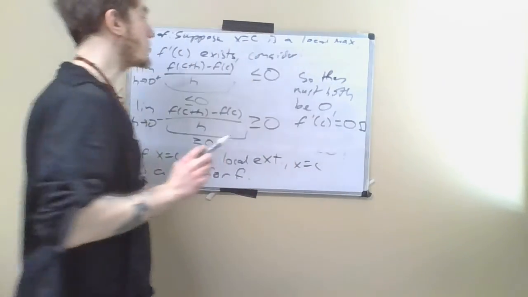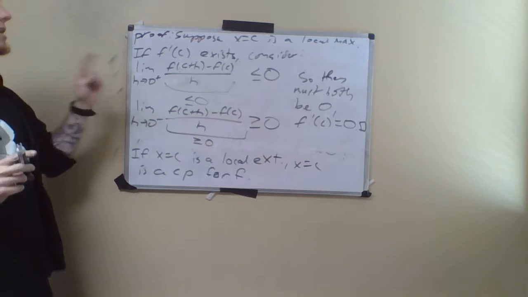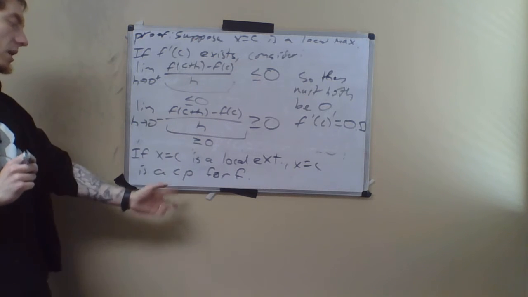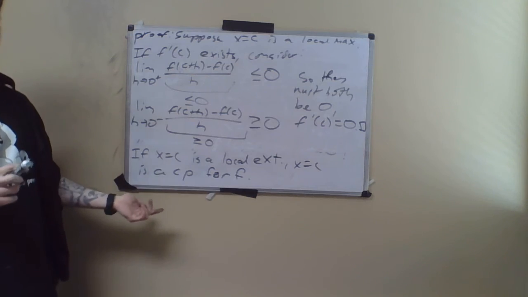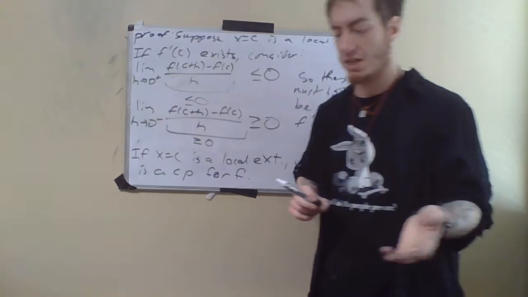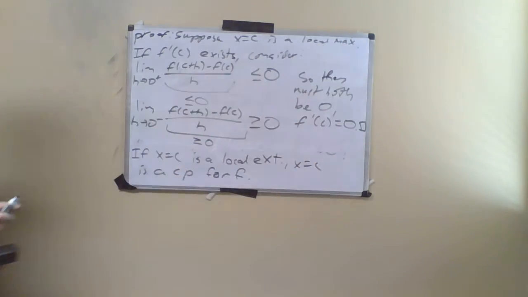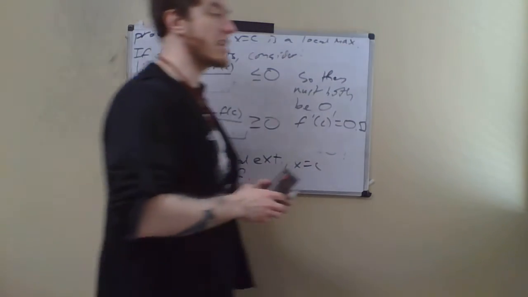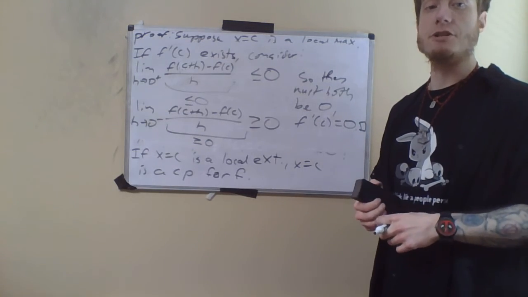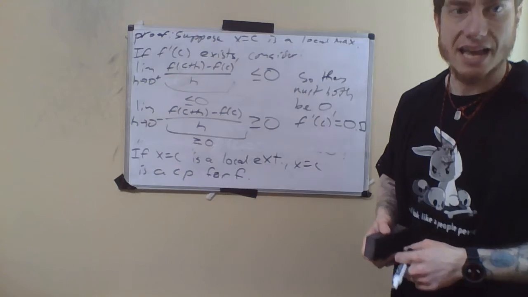And that completes my proof, because if the derivative exists, it has to be 0. If the derivative doesn't exist, well, then it's a critical point, because the derivative not existing makes it a critical point. So we can find all the local extrema by finding the critical points and then checking, is this in fact a local extremum?